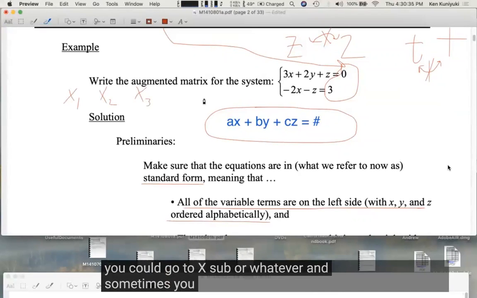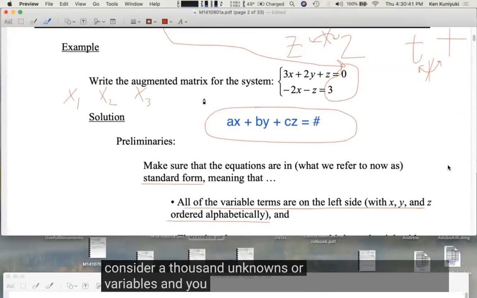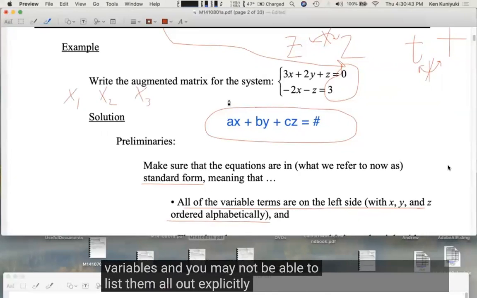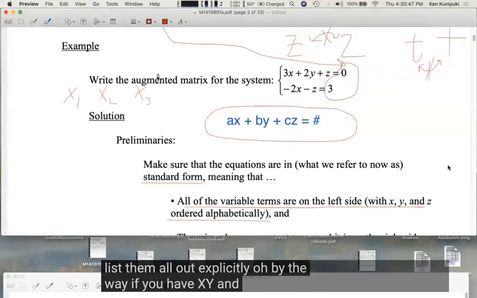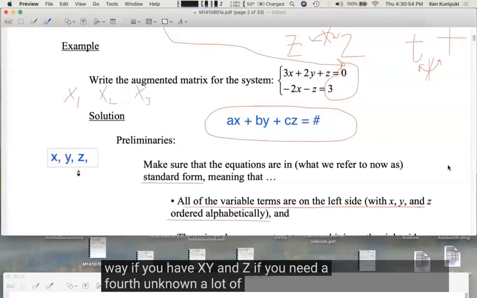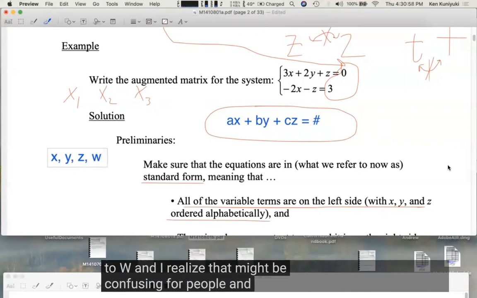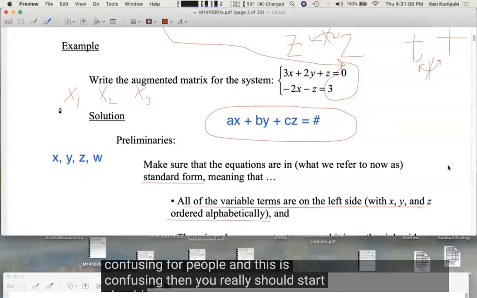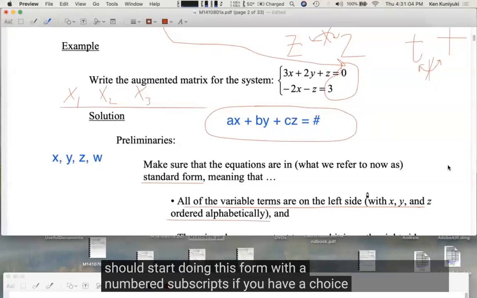And sometimes you could be asked theory questions where you might have to consider 1,000 unknowns or variables, and you may not be able to list them all out explicitly. Oh, by the way, if you have x, y, and z, if you need a fourth unknown, a lot of books wrap back to w, and I realize that might be confusing for people. And if this is confusing, then you really should start doing this form with the numbered subscripts, if you have a choice.